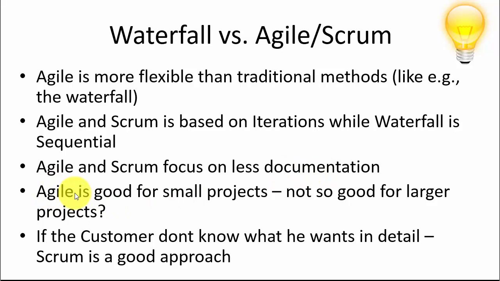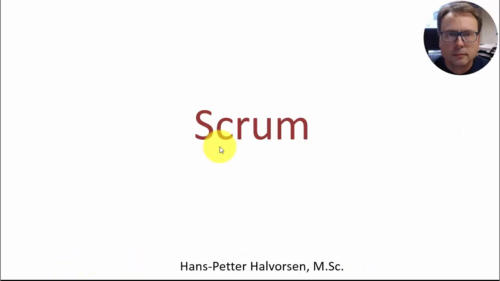Typically, Agile is very good for small projects, but may not be so good for very large projects. If the customer doesn't know what he wants in detail, Scrum is a very good approach. Now we will go more in detail about Scrum.